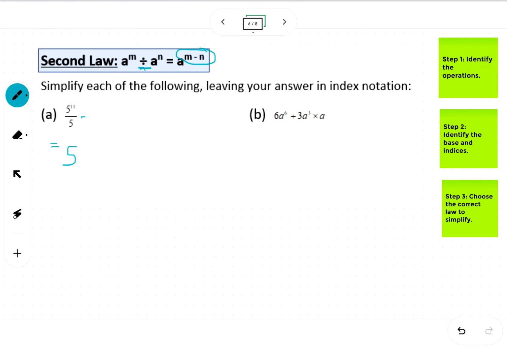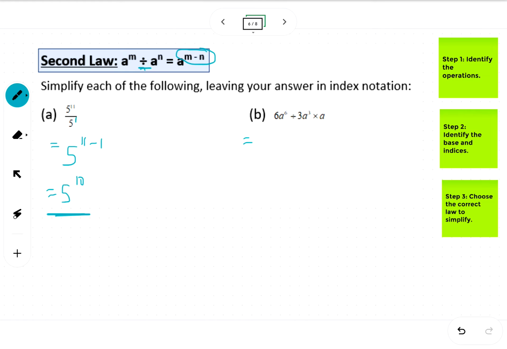So 5, which is the base, 11 minus 1. It's not written here, the power, but we already know that when the index is not written, it means 1. So 5, 11 minus 1 is 10. So that's the final answer.